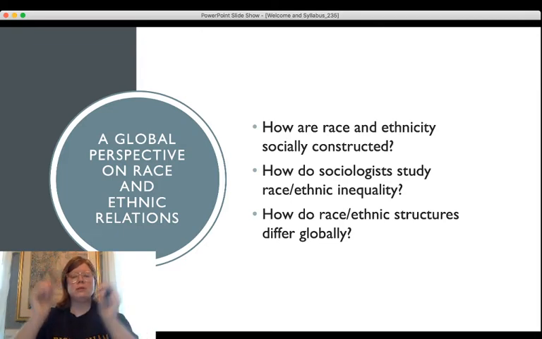Some topics we'll discuss include how are race and ethnicity socially constructed, how do sociologists study race and ethnic inequality, and how do race and ethnic structures differ globally. So since this is a global perspectives course, we're not just going to focus on the United States. We're going to talk about how racial and ethnic structures cut across societies and differ from culture to culture.